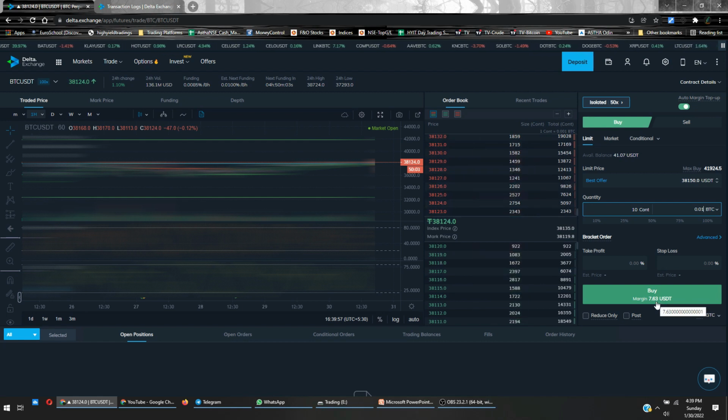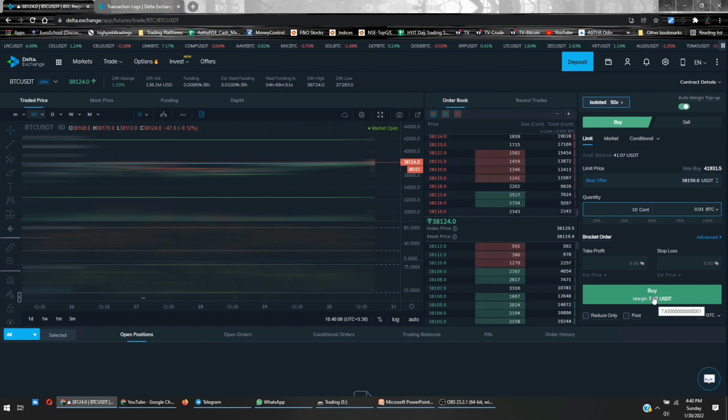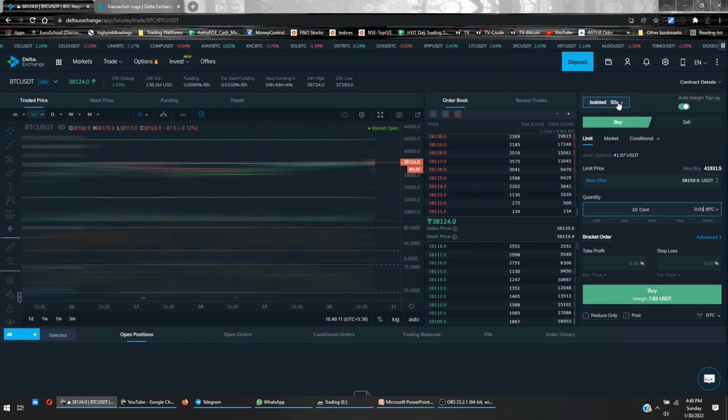This is exactly the thing which I did. When I started my trading with $12.45, I took a higher leverage so that I can increase my capital. And once my capital is increased, I will reduce the leverage to maybe 10x or even 5x. But as of now, since I don't have a bigger capital, I will take more leverage and trade accordingly.